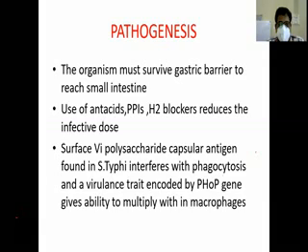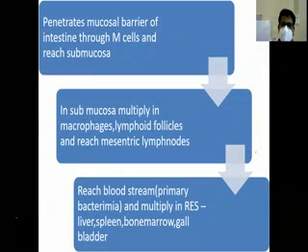The surface Vi polysaccharide capsular antigen found in Salmonella typhi interferes with phagocytosis, and a virulence trait encoded by the PhoP gene gives the ability to multiply within the macrophages. Okay, this is the pathogenesis part.